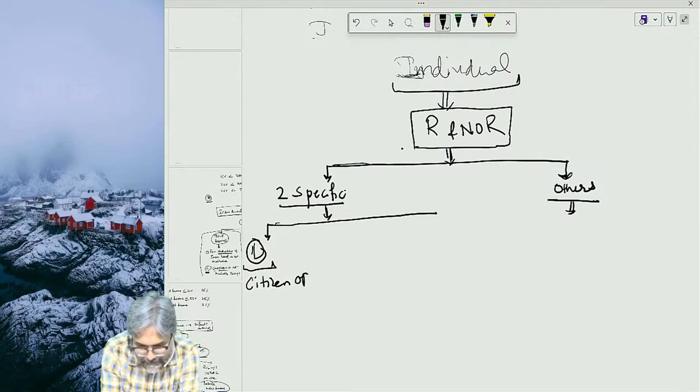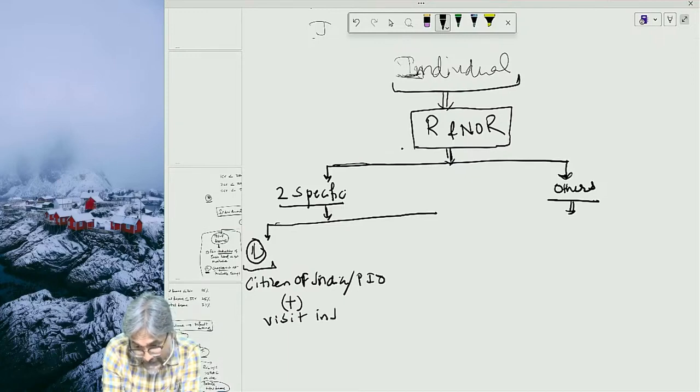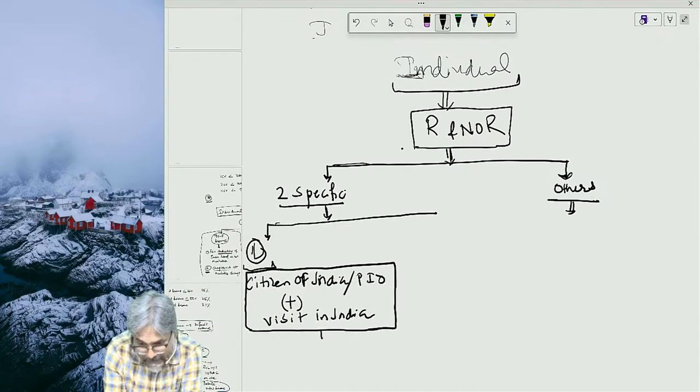Citizen of India, or a PIO, visiting India. What happens in this case?